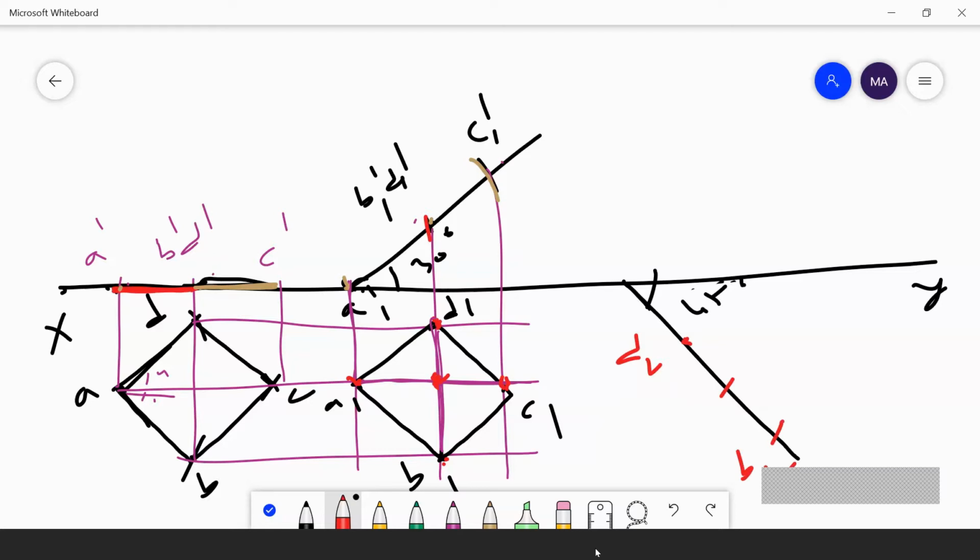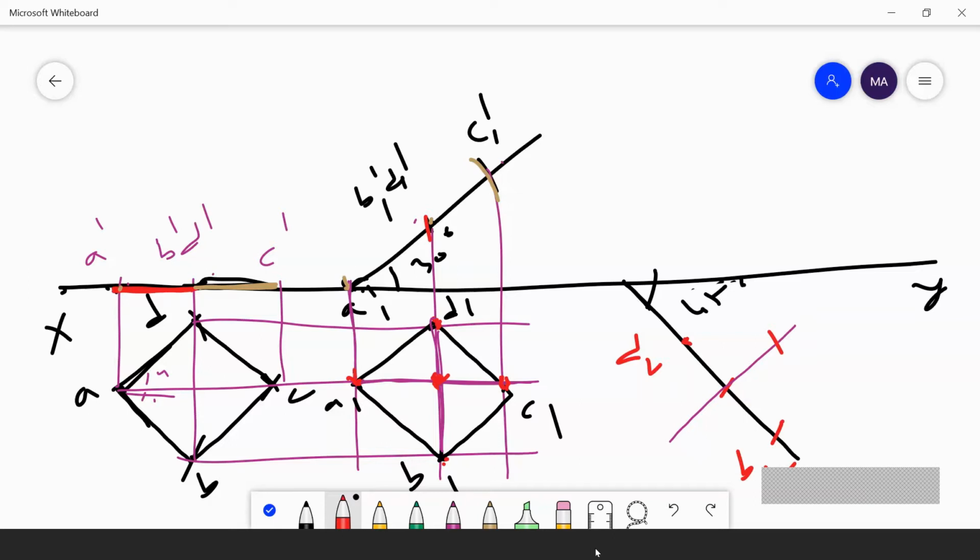Understand? After that this line is perpendicular to this line. So I am drawing one perpendicular line here to that line. After that I am measuring from this midpoint to C1 and cutting an arc here.